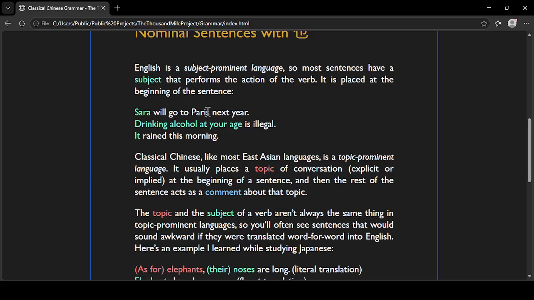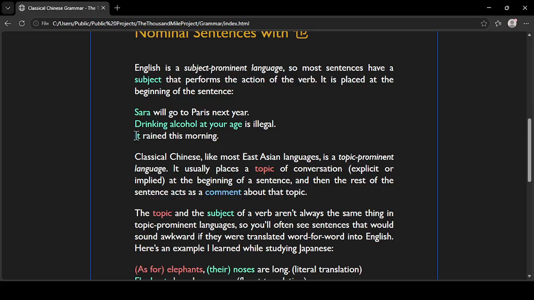So, for example, in the English sentences, Sarah will go to Paris next year. Drinking alcohol at your age is illegal. It rained this morning. The subjects of the verbs go, to be, and to rain are Sarah, drinking alcohol at your age, and it, respectively.